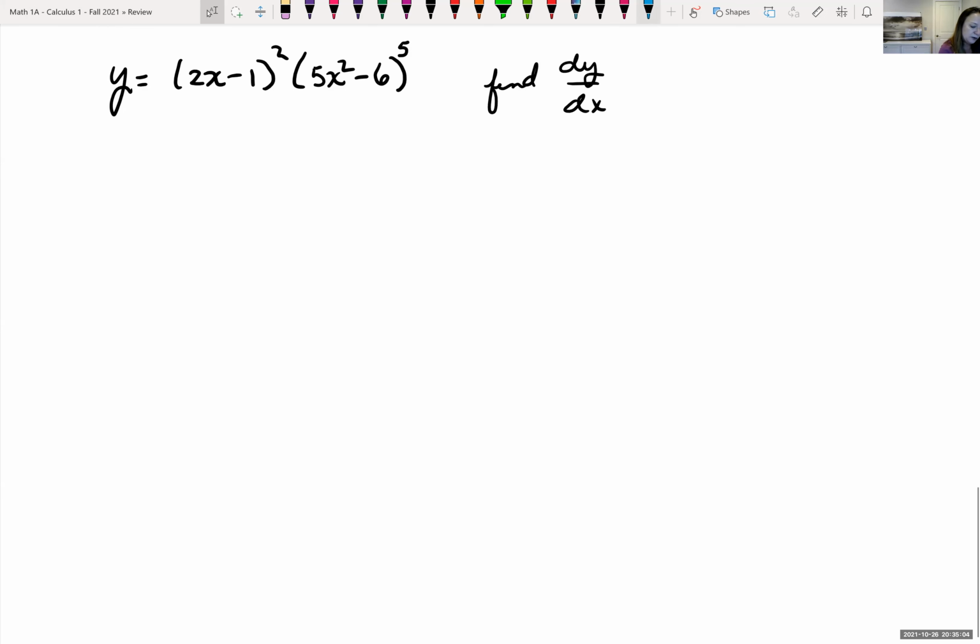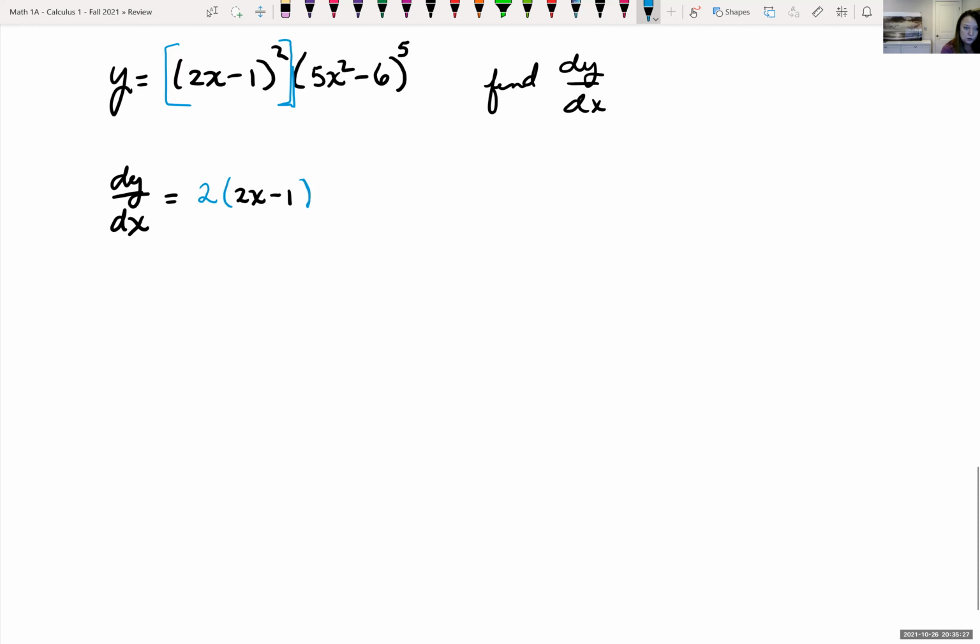And so let's look at it where we're taking the derivative of the first function. And while we do that, again, we're going to use the chain rule. So when we're taking the derivative of this first piece, let's bring our power down front. So 2 of the inside, 2x minus 1, subtract 1 from our exponent.